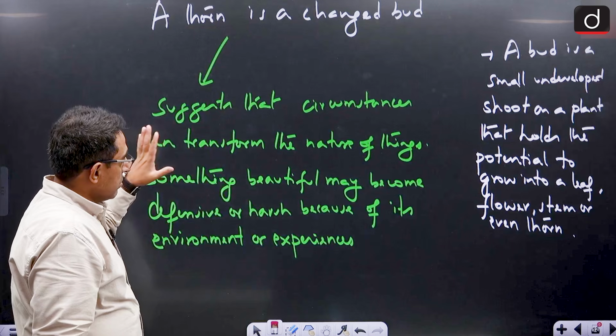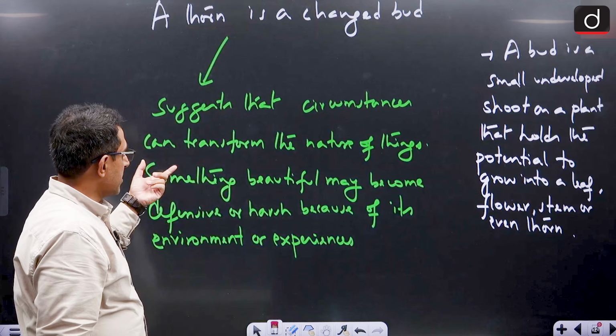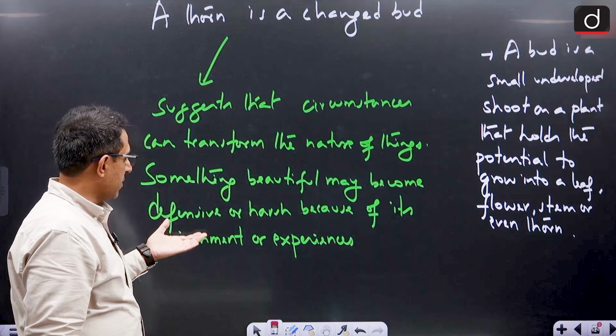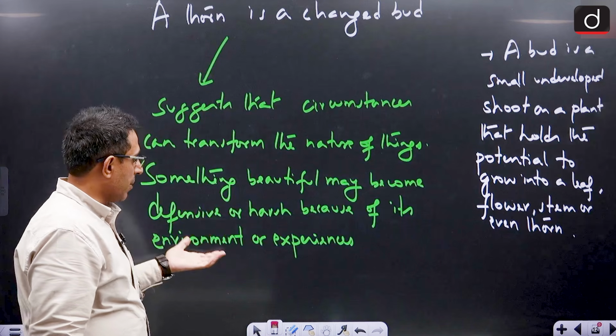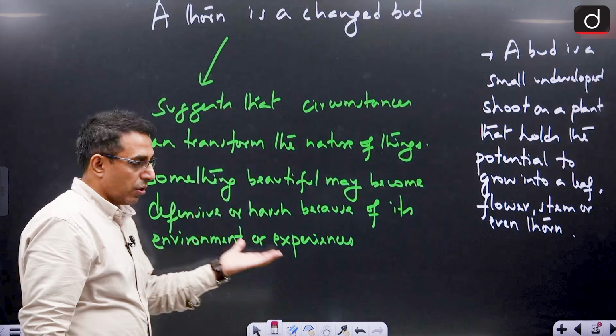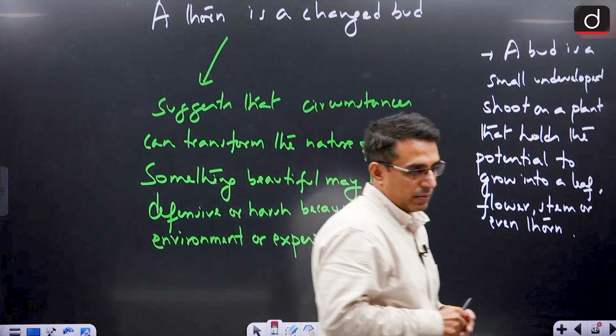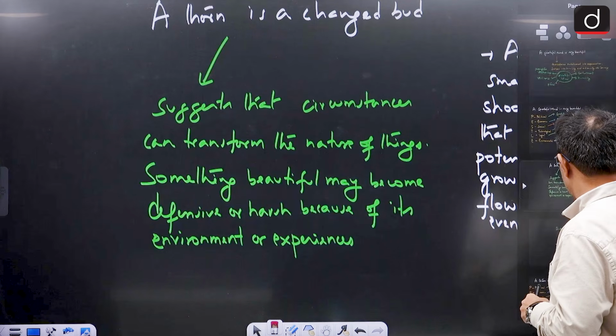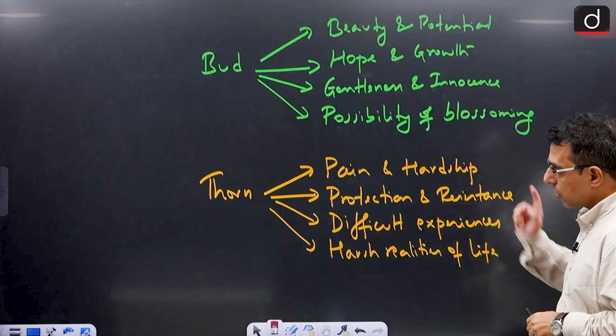So the theme basically suggests that circumstances can transform the nature of things. Something beautiful may become defensive or harsh because of its environment or experiences, right? That is the core theme which we need to explore in this essay. And what is the meaning of bud and thorn? That also should be clear.